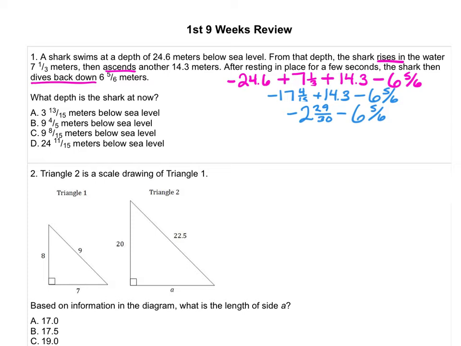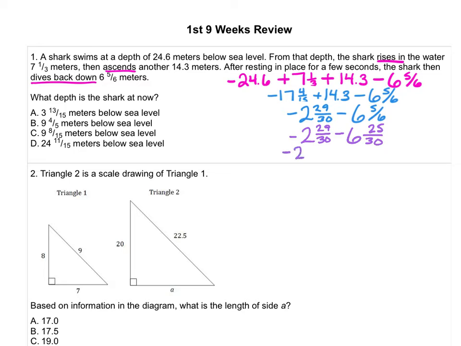Okay, so we need a common denominator. They're both fractions. We have negative 2 and 29/30, and the 30 we can keep because this denominator 6 will go into 30. And 6 times 5 is 30, so 5 times 5 is 25.